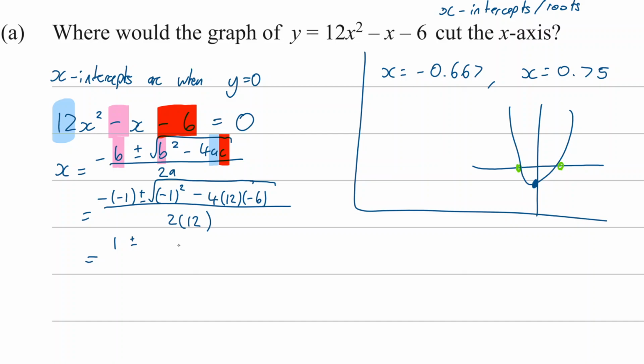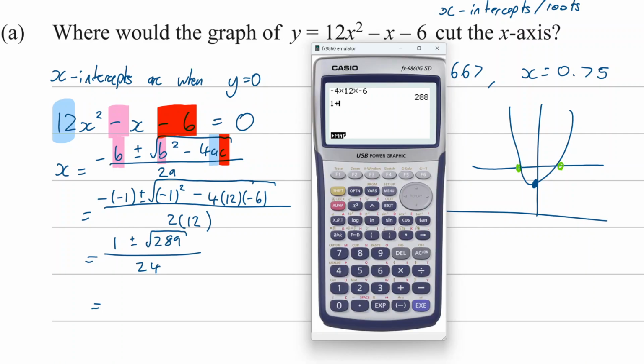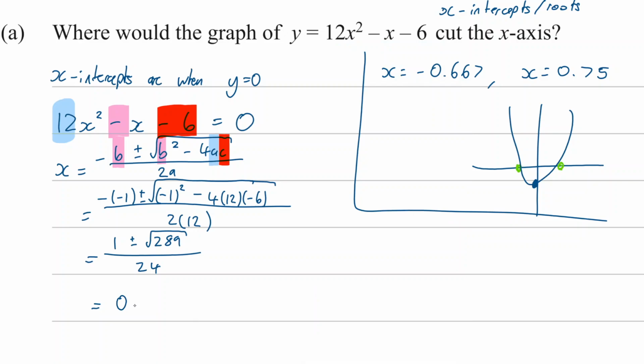That's the square root, over 24. So 1 plus the square root of 289 is 18, divided by 24 is 0.75. So that's the positive solution.